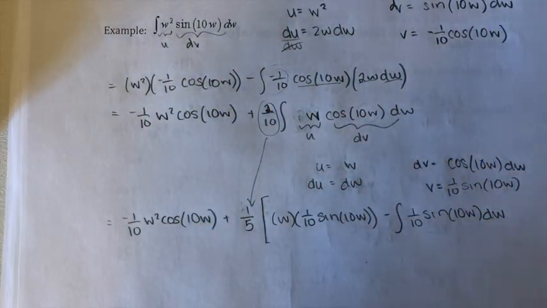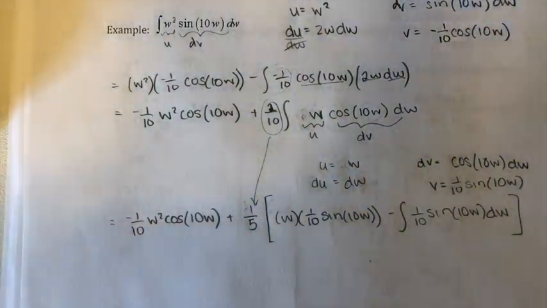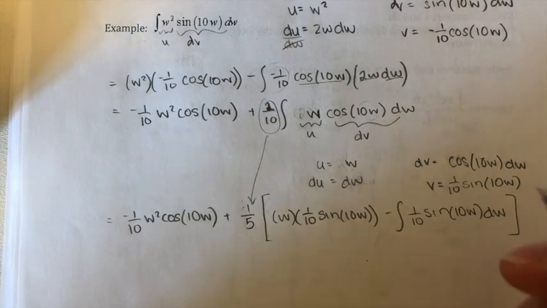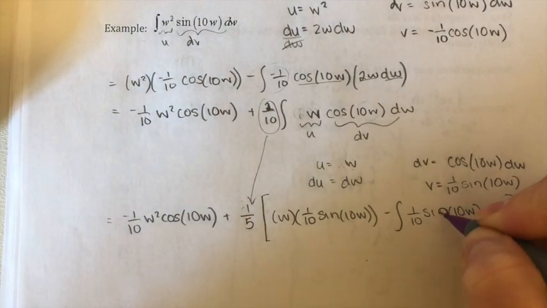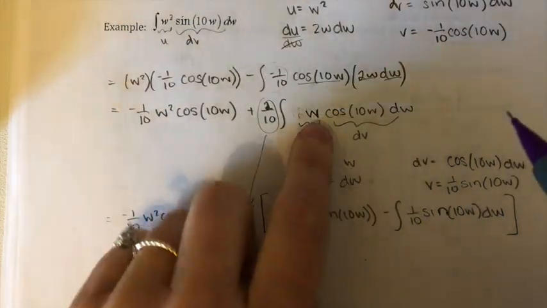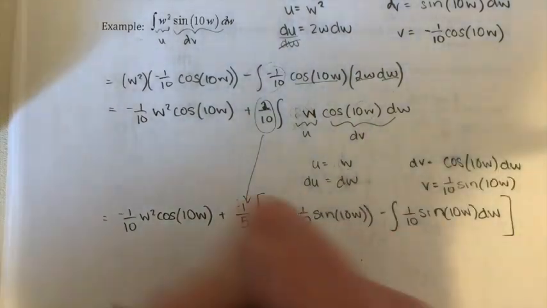That's easy to integrate, right? That 1/10 is going to pull out in front, and then we can do the antiderivative of sine of 10w, right? Because now that those other w's are out, we don't have to deal with the w or the w squared that was up there. This is easy.